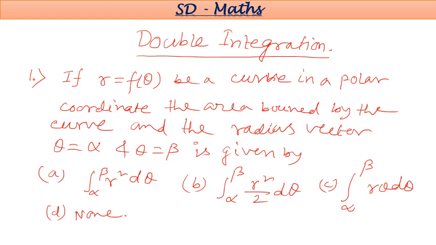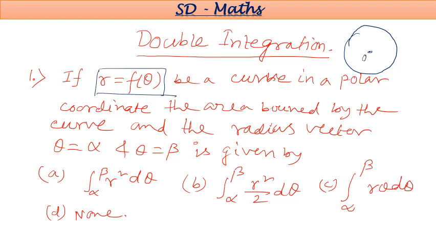So first of all, look at this. This is the polar form of a curve, r equals f of theta format. So to solve this problem, here I am drawing a circle. So this is a circle with center at origin, right? Suppose this is 0, it may or may not be the origin, but this is the center.